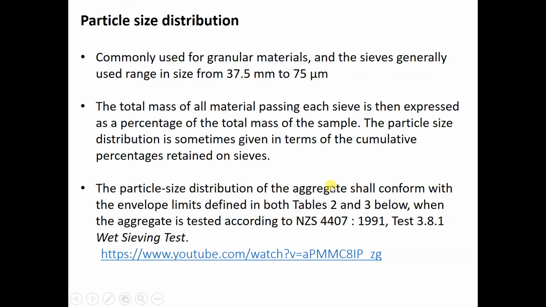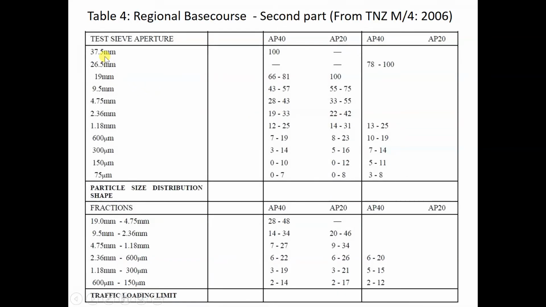Okay, particle size distribution. It is commonly used for granular materials, and the sieves generally range in size from 37.5 mm down to 75 micrometer.